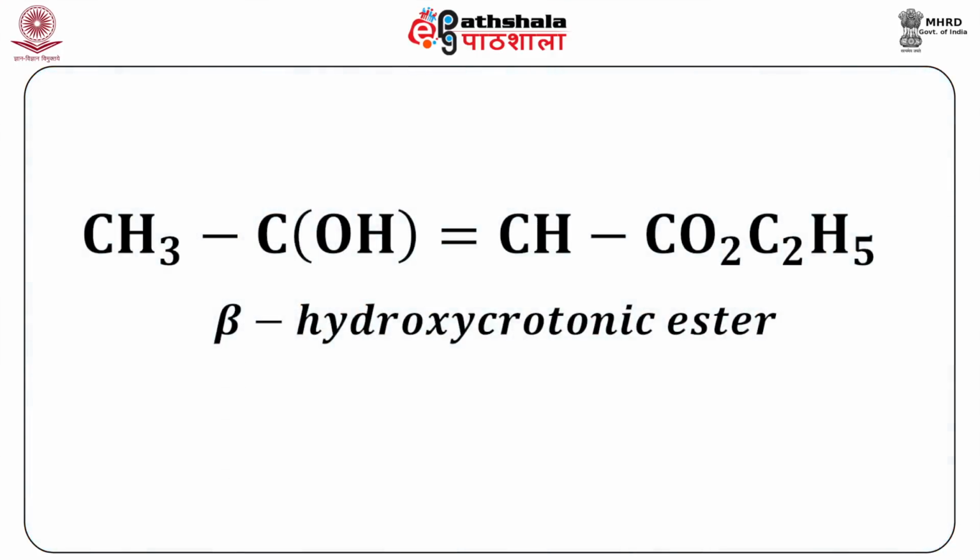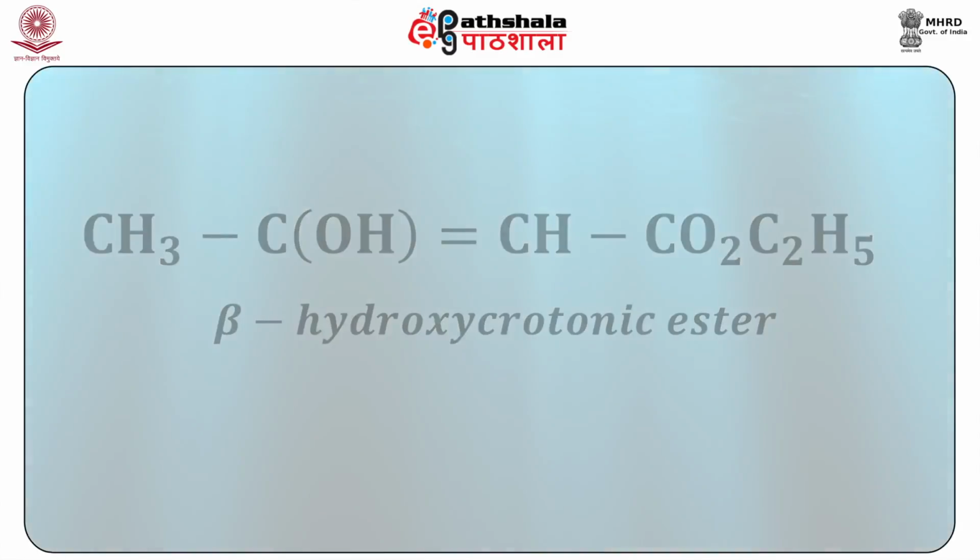Acetoacetic ester was first discovered by Geuther in 1863, who prepared it by the action of sodium on ethyl acetate, and he gave the formula as shown here, that is CH3C(OH)=CHCOOC2H5, that is the beta-hydroxycrotonic ester.